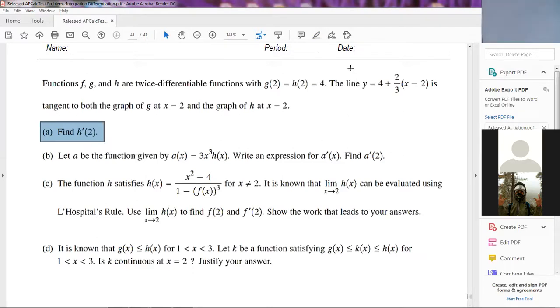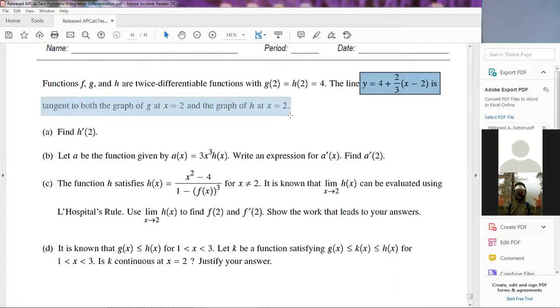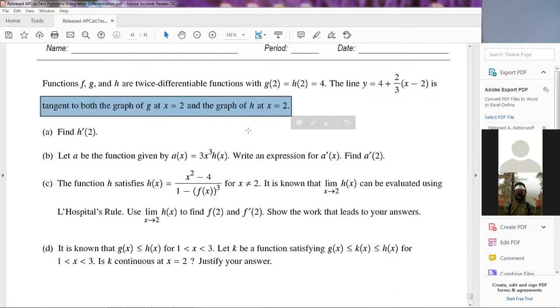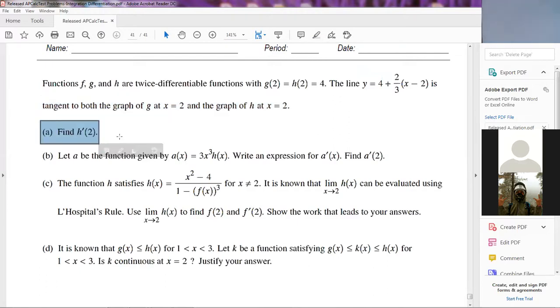Check what you have. The line is tangent to h at x equals 2. Find h prime of 2. What is the value? Just get the derivative of y and then evaluate it at 2.